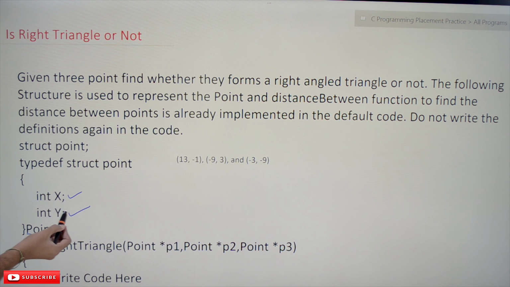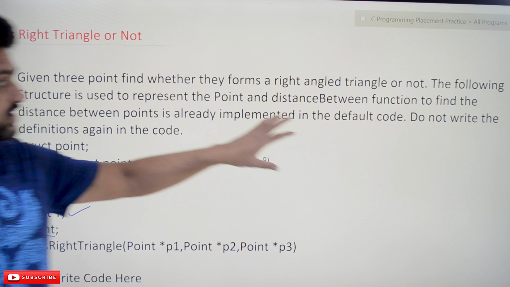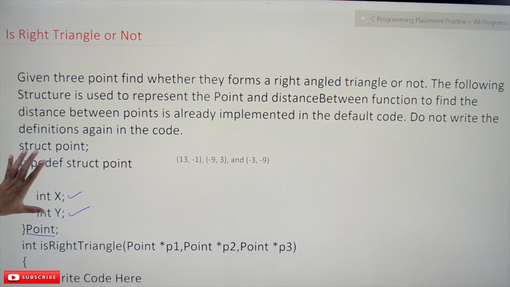Apart from this structure, there is a function called distance between, to find the distance between 2 points, which is already implemented in the default code. The structure has also been implemented, and the variables of this point structure and their values are also given.